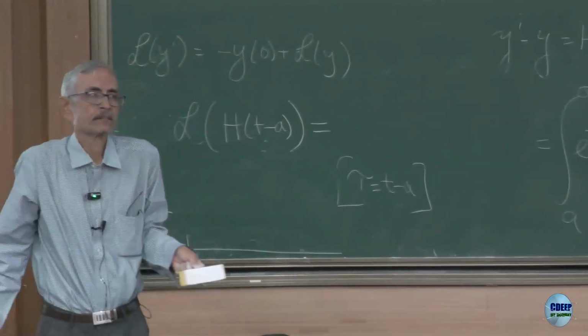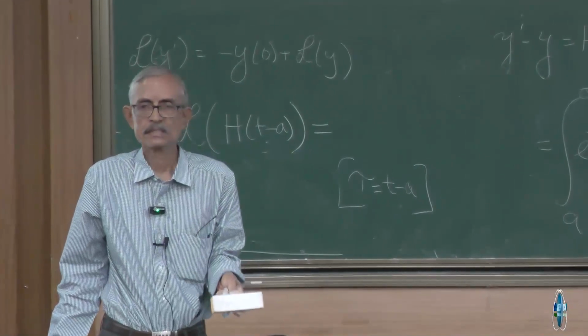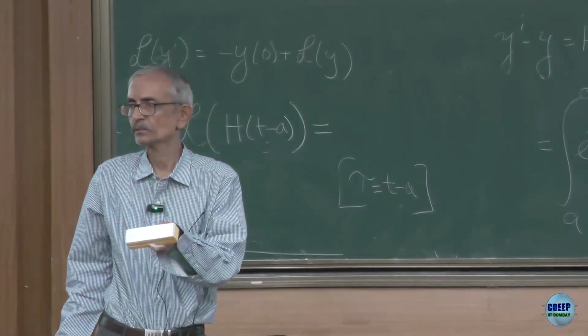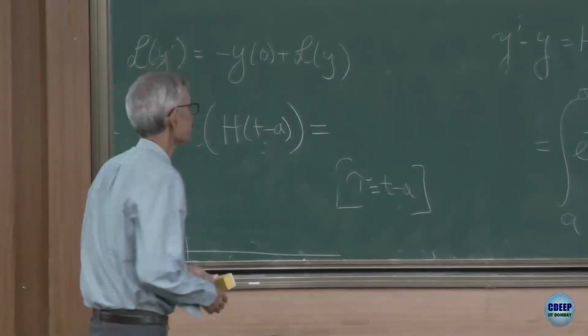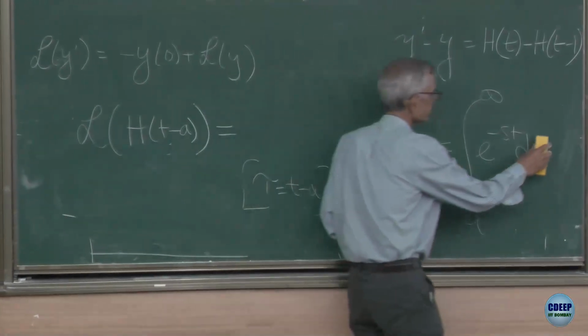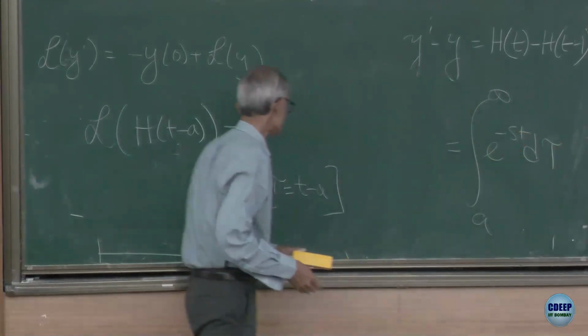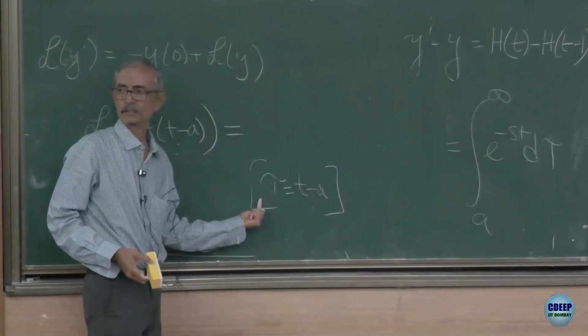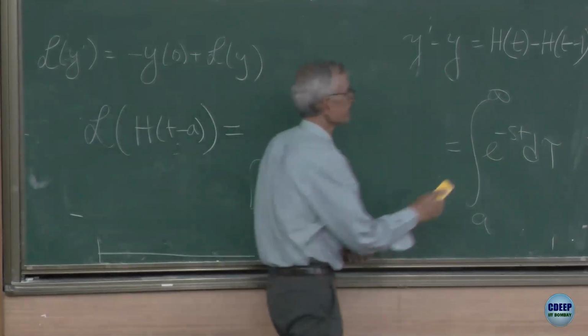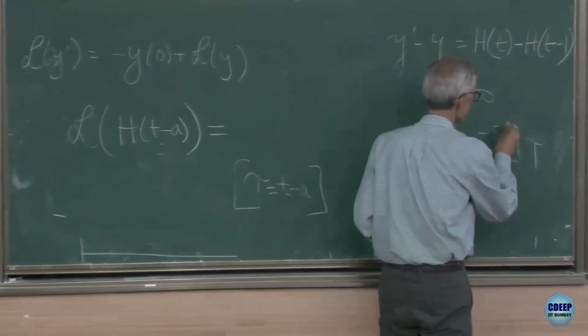A is a constant. So what is d tau equal to? dt, right? So d tau is dt. So I'll get rid of this and make it a tau. What is t? t is tau plus a. So I've got this as tau plus a.